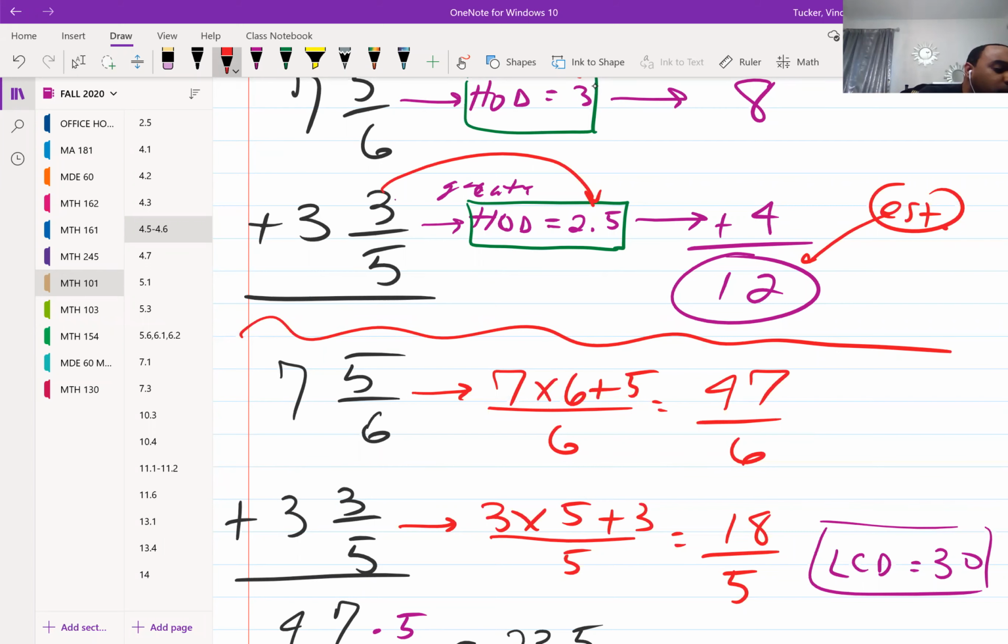That'll be 7 times 6 plus 5. 7 times 6 is 42 plus 5 is 47 over 6. And then I did the 3 and 3/5. That's 3 times 5 plus 3. So 3 times 5 is 15 plus 3 is 18 over 5.